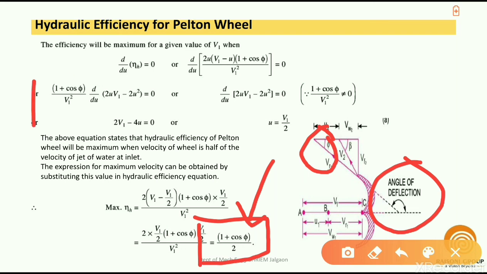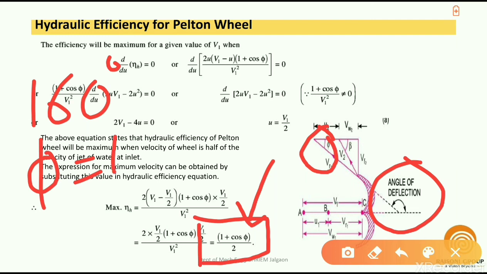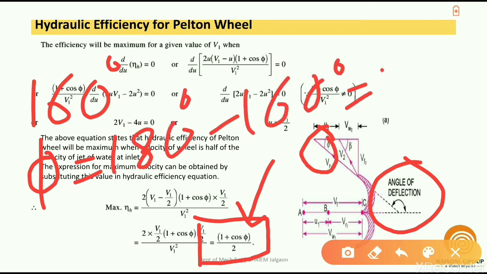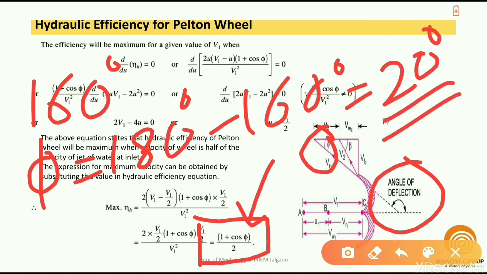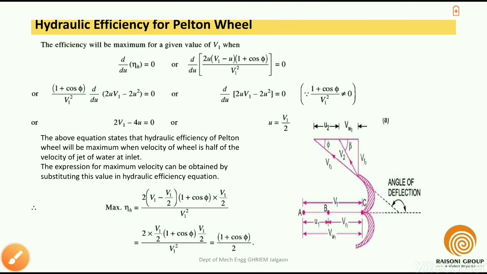So if the angle of deflection is 160 degrees, then this phi can be calculated like this: 180 degrees minus 160 degrees, so phi is equal to 20 degrees. Using this value of phi, we can easily find the maximum hydraulic efficiency for the Pelton wheel. So these are the equations for the work done and maximum hydraulic efficiency for the Pelton wheel.